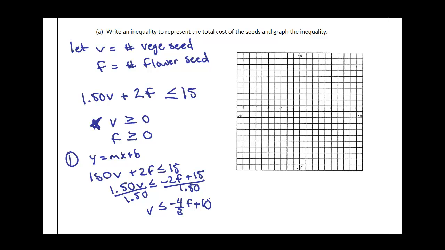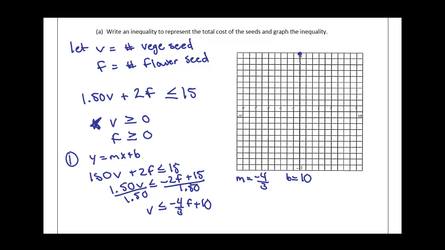Even though we were dividing by a decimal here, I kept it in fraction form because that way I can see my rise and my run in my slope. So making a note here, our slope is negative 4/3 and our intercept is 10. Starting at our y-intercept way up here at positive 10, we have a rise over run of negative 4/3.